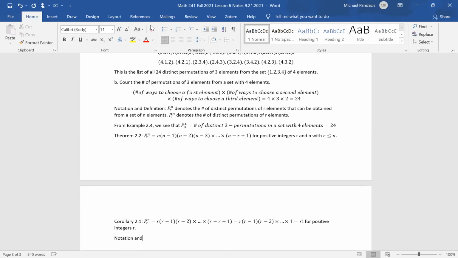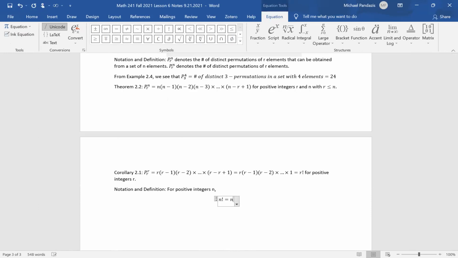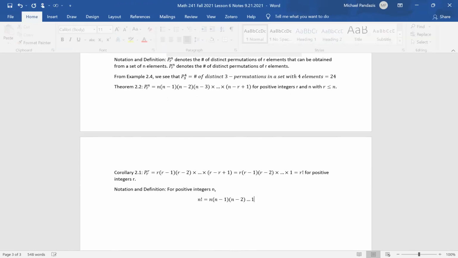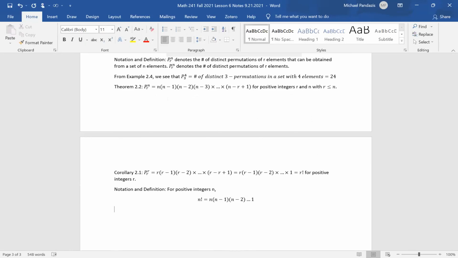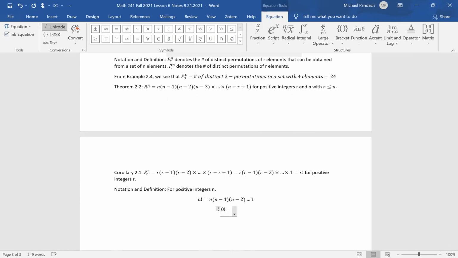Okay, and so just notation and definition. For positive integers, n factorial is equal to n times n minus 1 times n minus 2. We're going to drop the multiplication sign, but this is still multiplied, times up to and including 1. And 0 factorial is equal to 1.